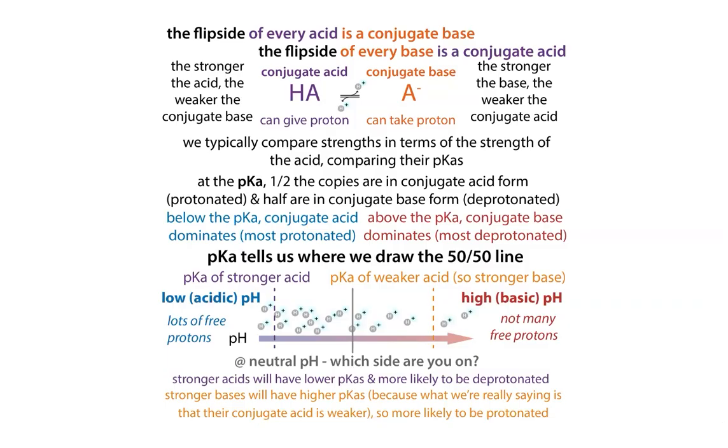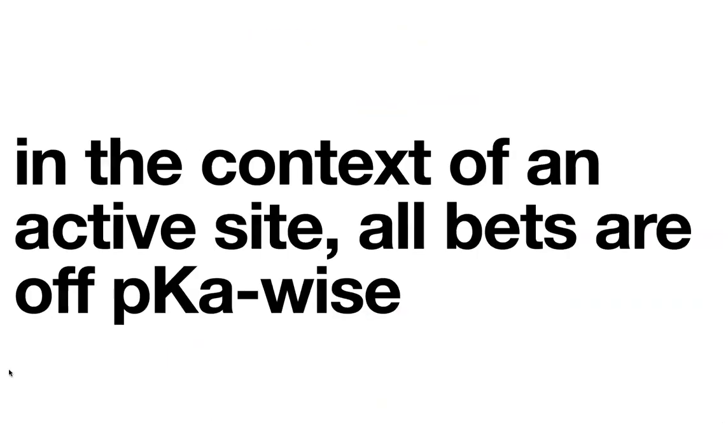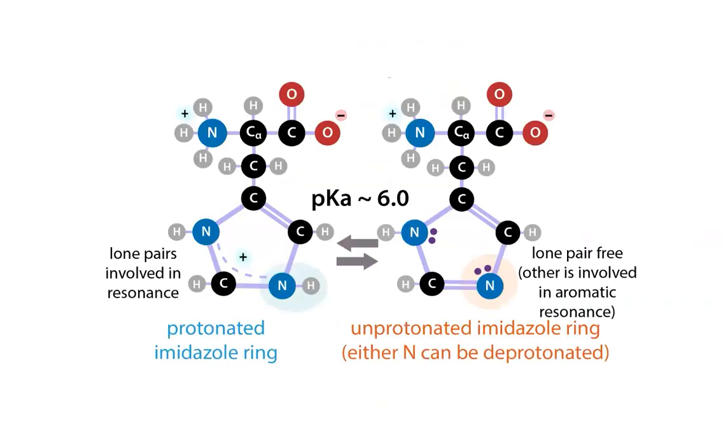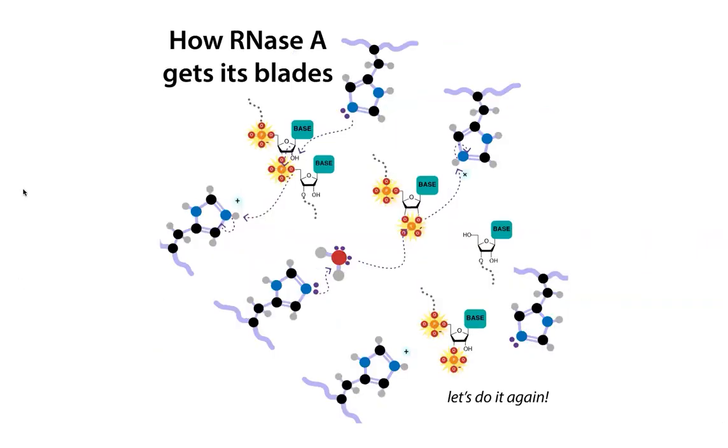And if you go to a lower pH, there's more protons around, more than half of it is going to be protonated. As we'll see in a minute, in the context of an active site, all bets are off with this pKa. But for now, let's just say, okay, yeah, we can see histidine can go back and forth, no problem. So let's see how it can do this in the context of an active site.